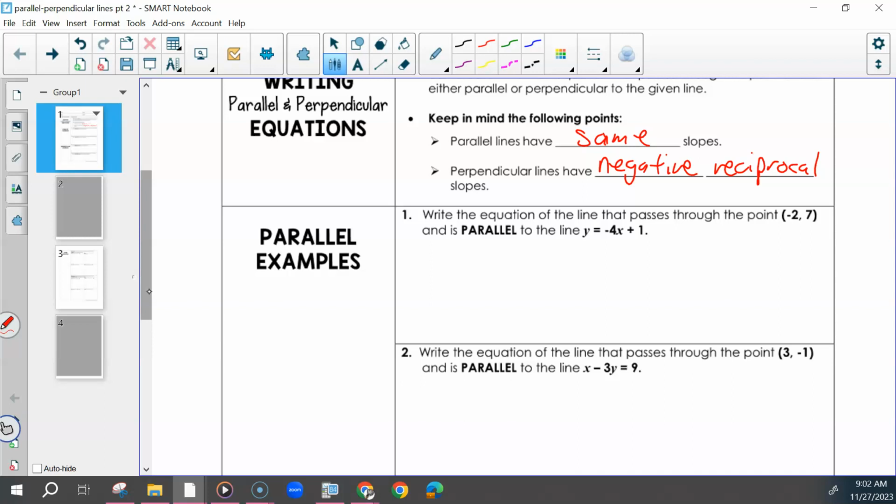Whenever you get an equation, I would cross out the y-intercept because you don't need it. It will only confuse you. We are going to do this the same way we were writing equations with our point-slope formula, so I'm going to write that up here. Y minus y1 equals m times x minus x1. So if we are writing another equation that is parallel to this one, the slope of our new equation is going to be what?